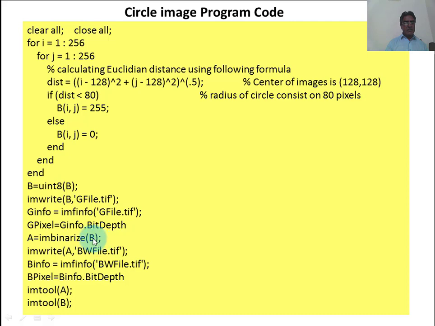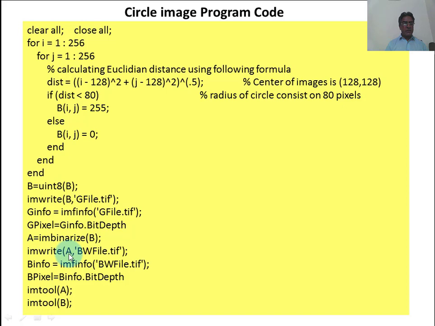B is the grayscale image, and this function converts the grayscale image and stores it in another vector or the image A. We also use the imwrite command.